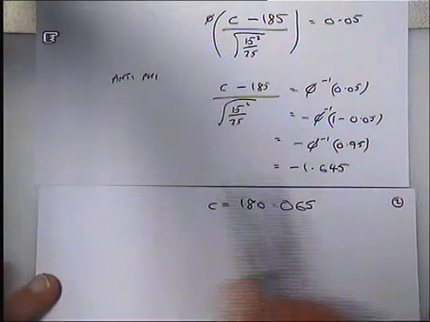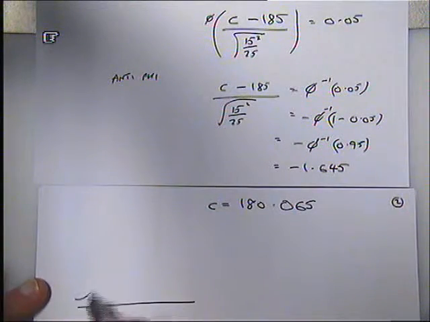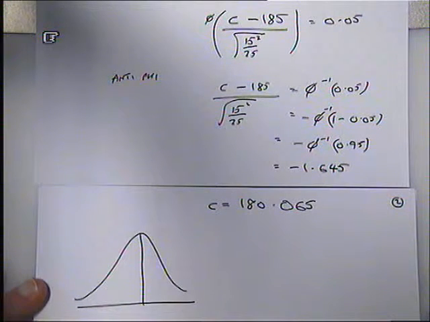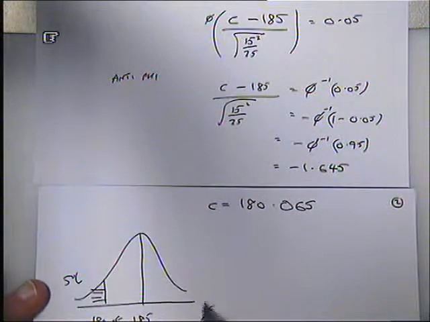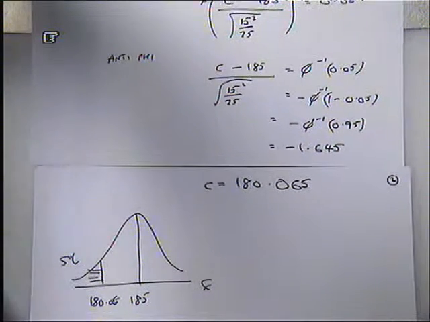If you just rearrange and solve that equation, no need to do it now. I'm just reproducing the diagram from earlier. Okay, so our critical value is 180.065, which is what that's supposed to say there.